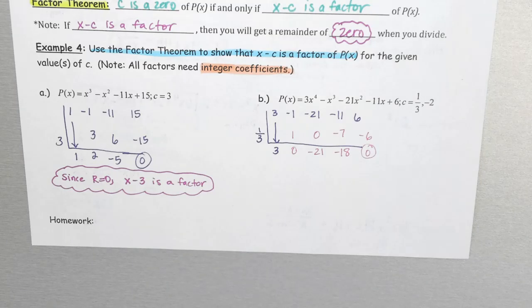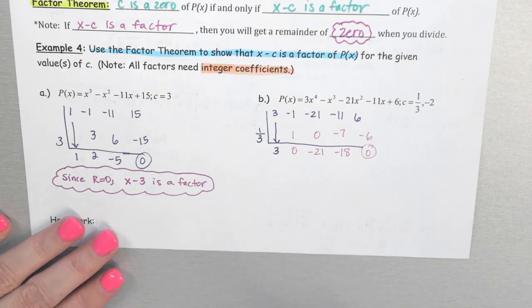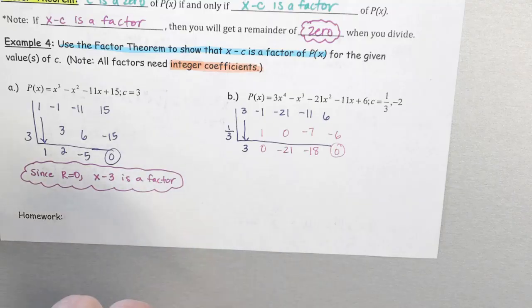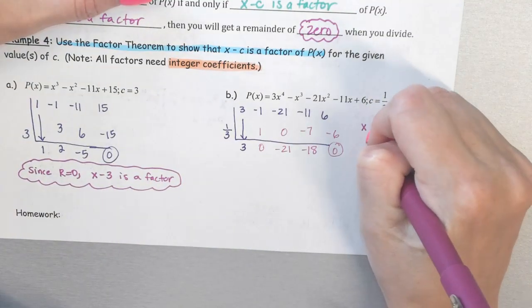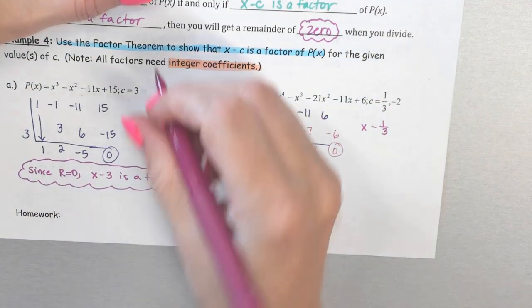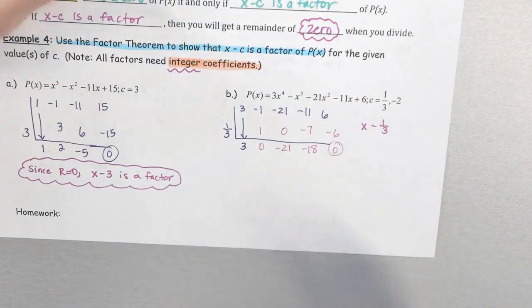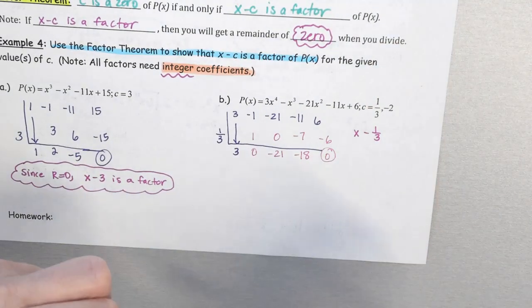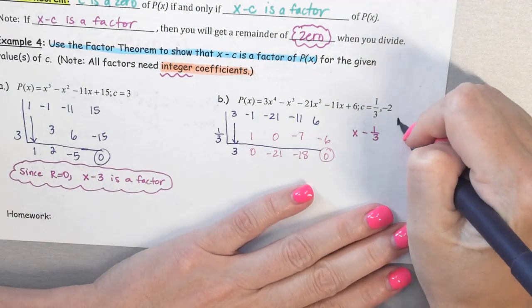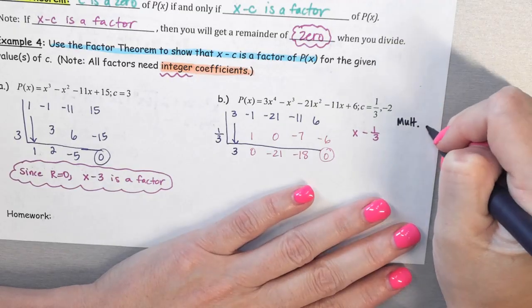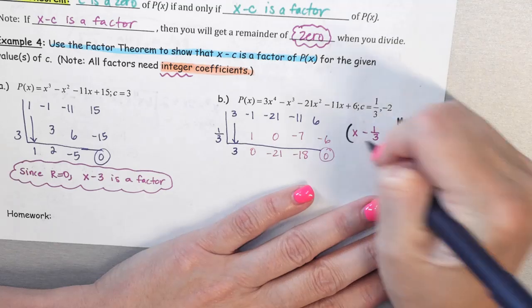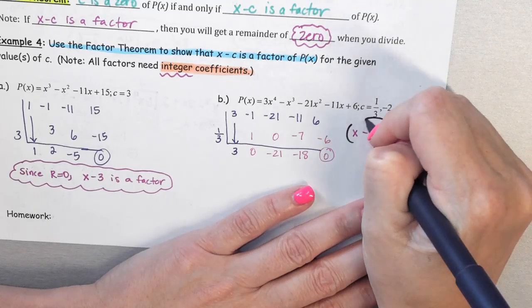Okay, and then when you're writing out the factor, it cannot be x minus 1/3, because 1/3 is not an integer. All you have to do is multiply by the denominator. So what's the denominator of our fraction? 3. So if you multiply this by 3, you distribute.